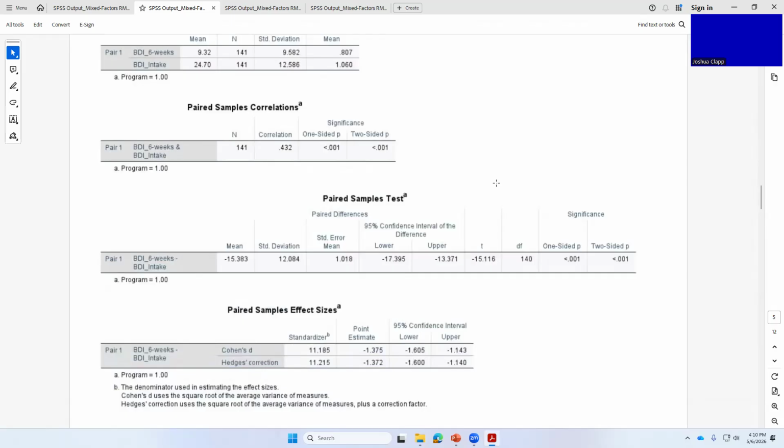If I were to calculate delta for this, it's going to be even larger, right? And so I just wanted to think about the consequences if I were to do that. So again, delta here is going to be the BMI difference, which is negative 15.383, over the standard deviation at baseline, which is 9.58.